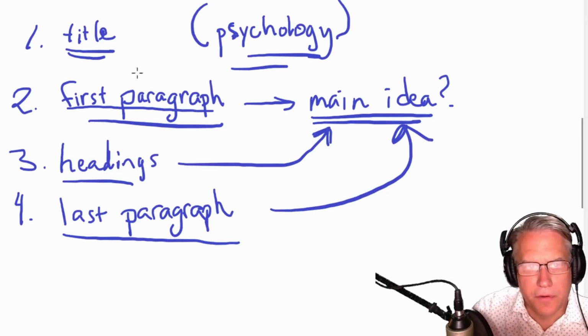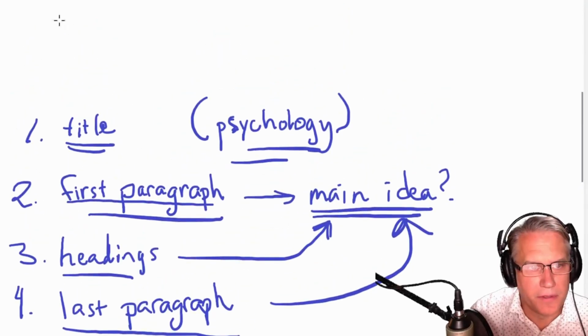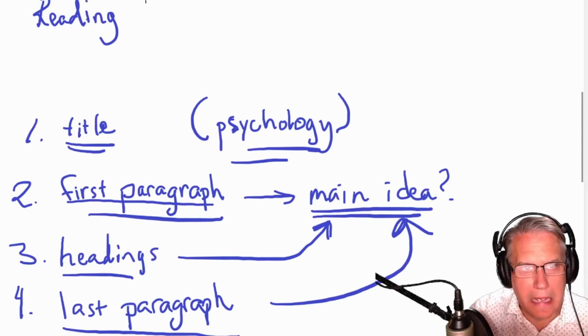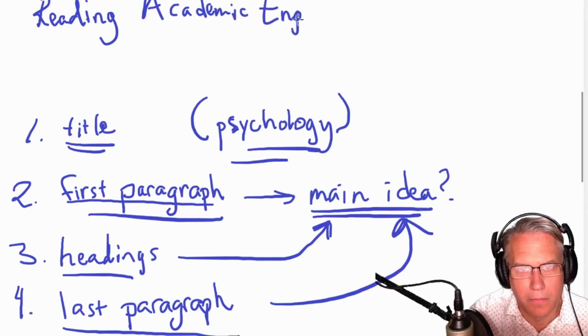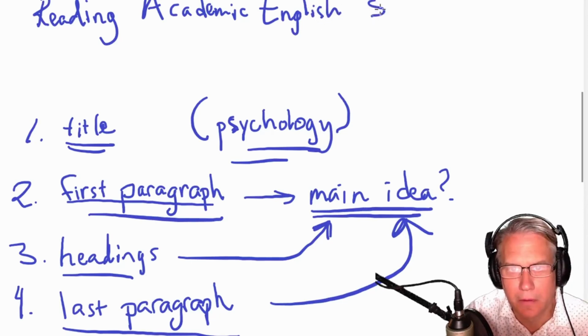Then after that, by the way, this is our Reading Academic English strategy. This is for an article. So this is a strategy specifically for an article.